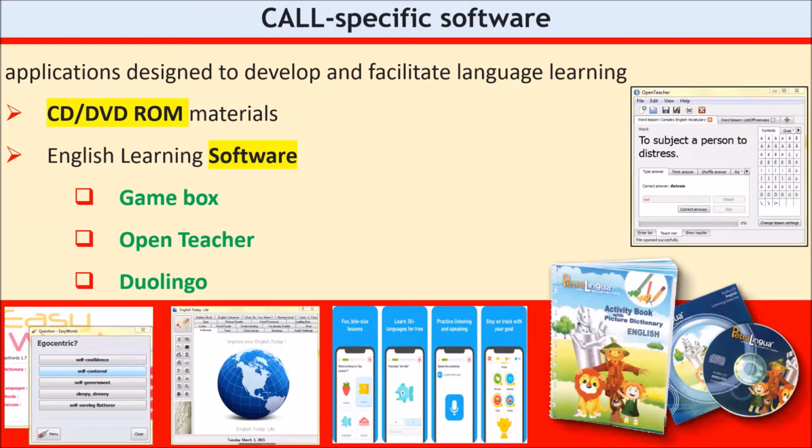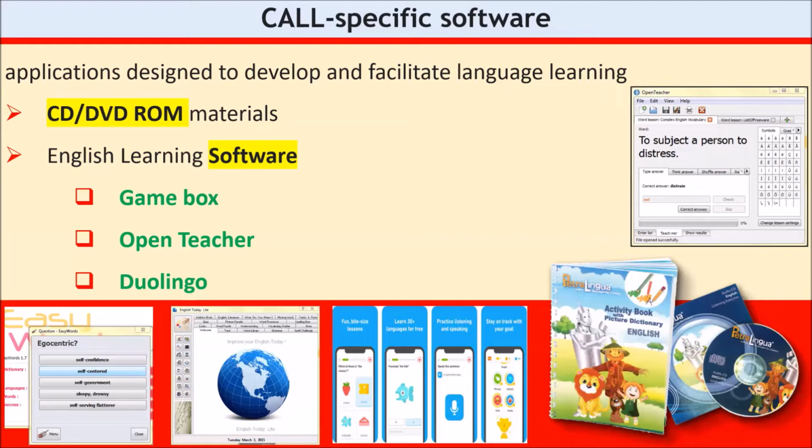Before using this software you need to install it on your computer, and once you install it, then you can use it. One problem here is that mostly this type of software you can't get freely. You need to spend money, then only you can get this kind of software.